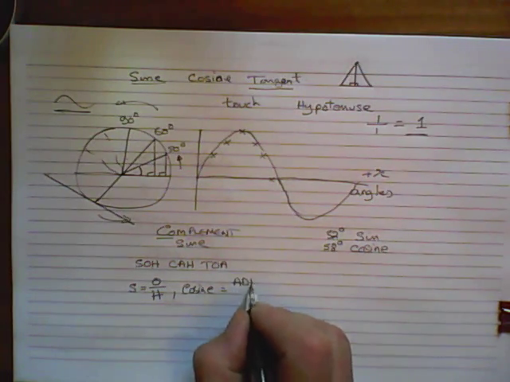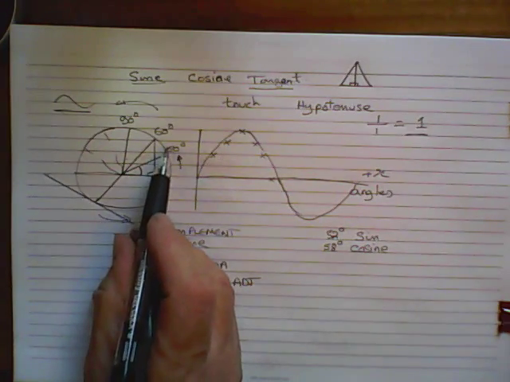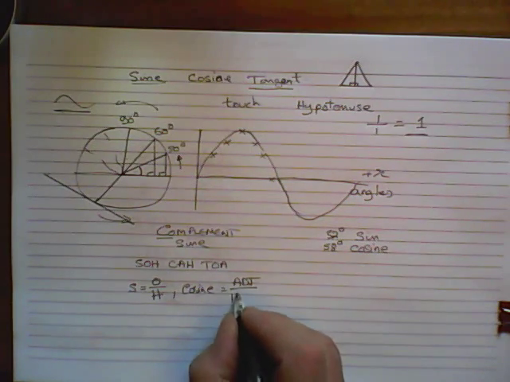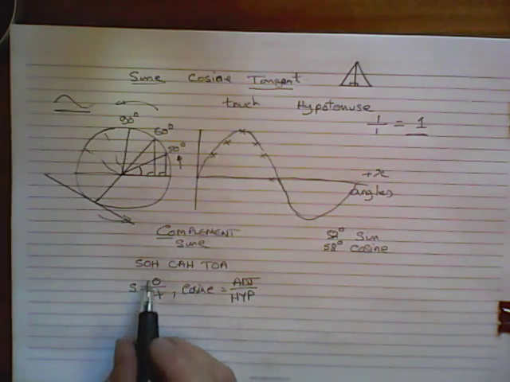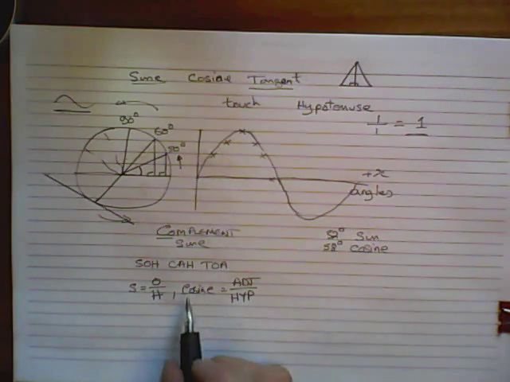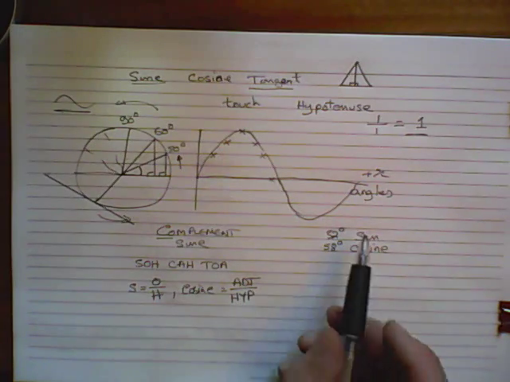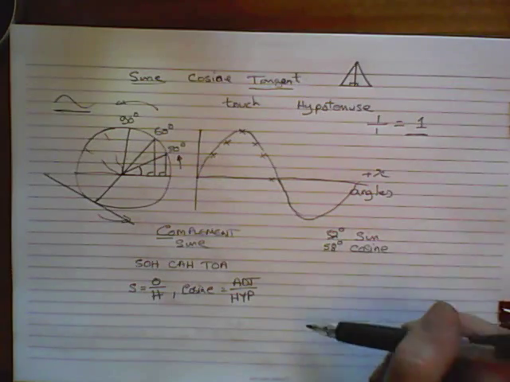The cosine is the adjacent, which is the side that's next to the angle, the one that's touching the angle, that is not the hypotenuse, over the hypotenuse itself. Now here the situation is that we're talking about the complement of the sine.